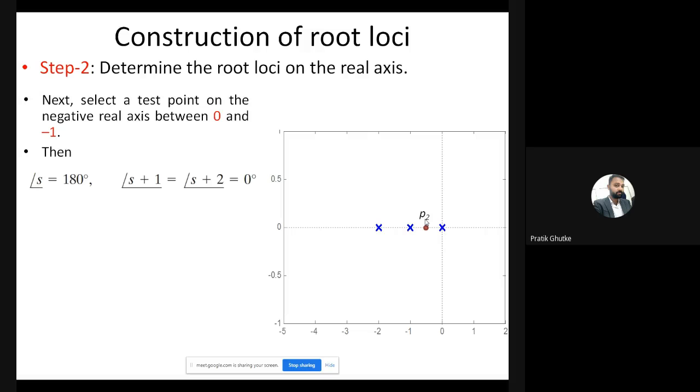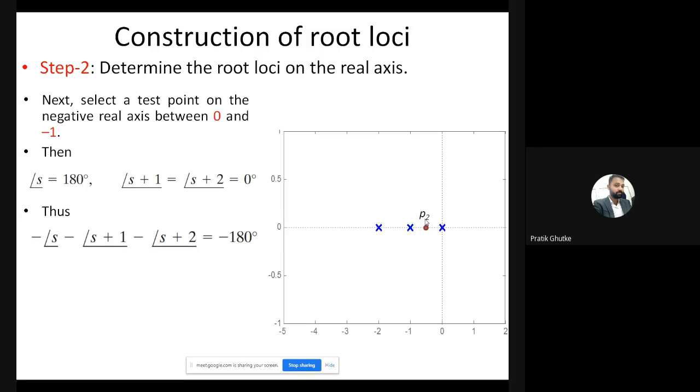So angle of s equals -180 degree, then angle of s plus 1 equals angle of s plus 2, which equals 0. Thus, taking the angles of the respective poles, one pole is at 0, another pole is at s plus 1, next pole is at s plus 2. Summing all these, it should equal -180 degree.